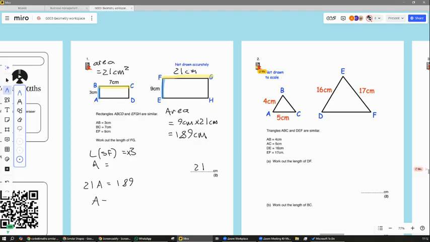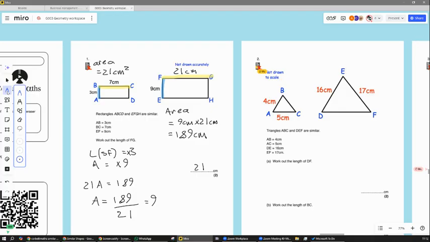So therefore the area scale factor would be equal to 189 divided by 21. I'm not going to do that either. In fact, I can see what that is because I've got it up here, but if you can't quite see how this works, you can just type it in. 189 divided by 21, we can see is 9. So the area scale factor is 9, so we can say times 9.